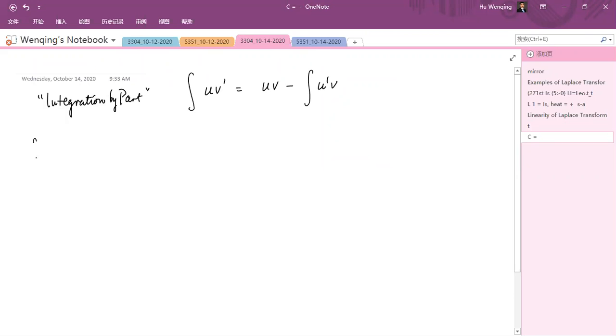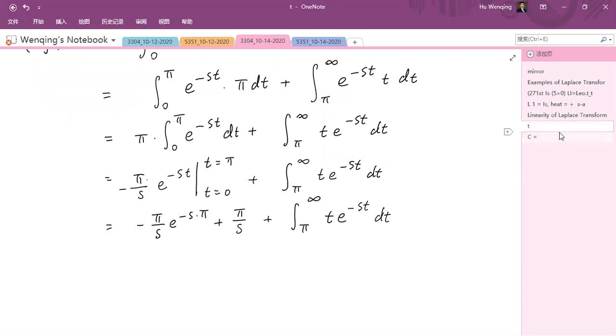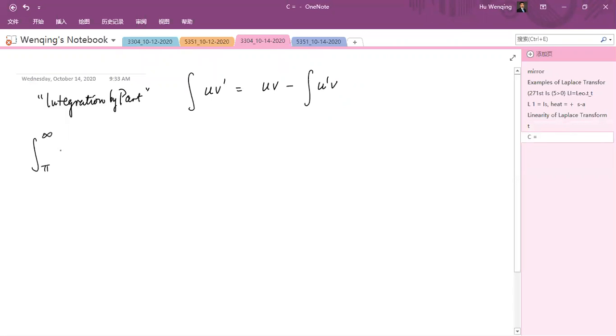So with that at hand, you can see that this integral from pi to infinity of t e power minus s t dt is just equal to, here I'm going to use u and v. If you're not very familiar with integration by parts, you can write it down.